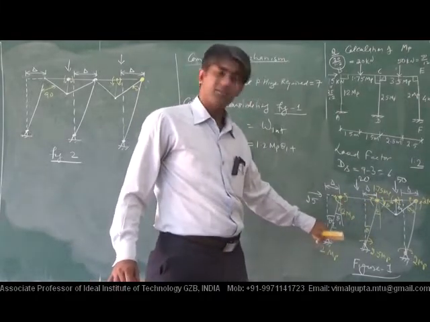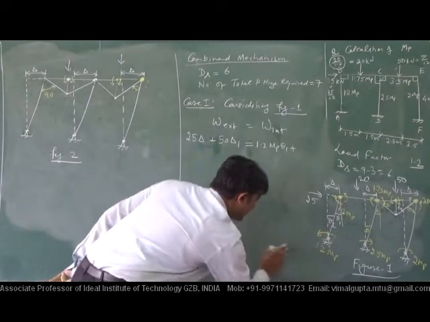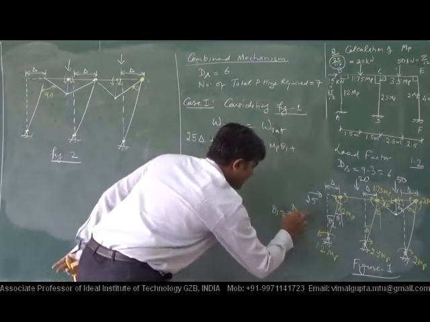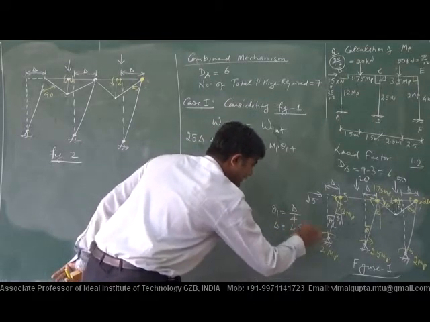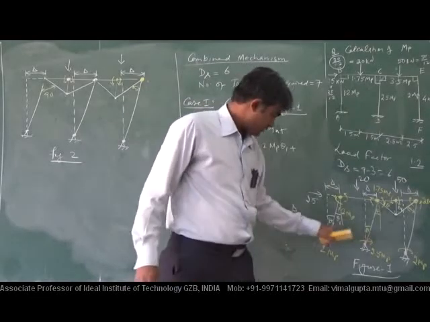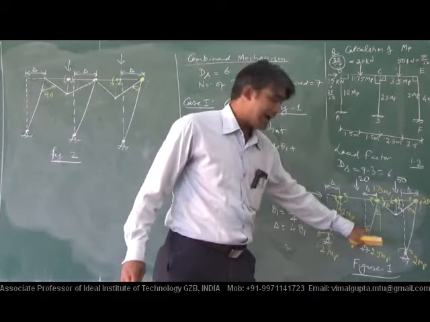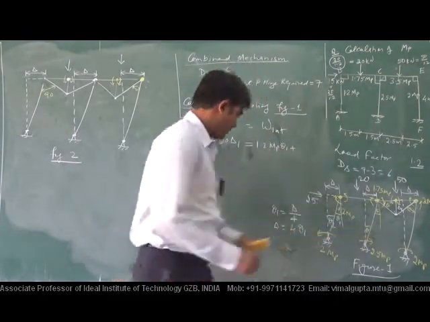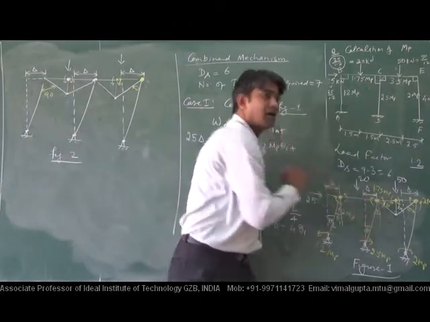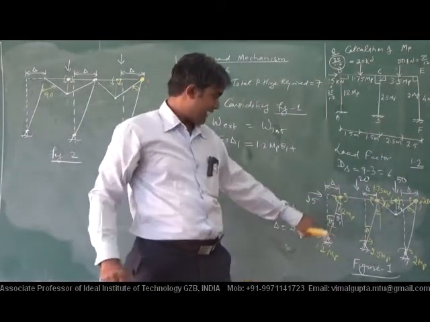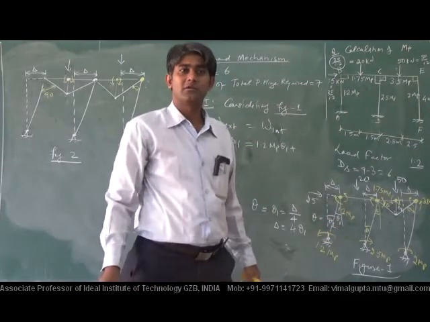If it is this theta 1, then that will be theta 1. And what is the value of theta 1? Theta 1 is delta by 4, means delta equals to 4 into theta 1. Then that value theta will also be delta by 4. What it means? That theta 1 is also equal to theta. Okay, clear to everybody?